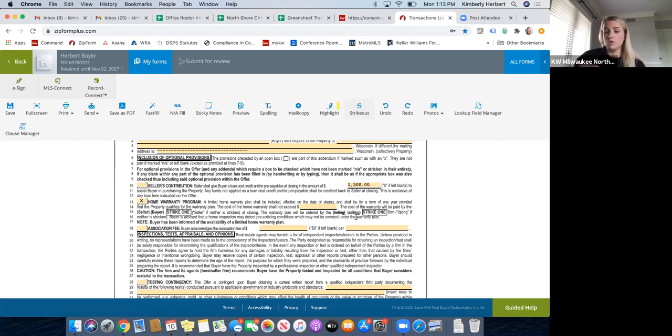So that gives you control as the buyer's agent to order the warranty that you think is best for them, whether it's RWS, which is who our firm partners with, or some other home warranty company that you prefer. And then you can use, okay, I know RWS charges $600 for their warranty based on the square footage. So then that will help you determine the number here.